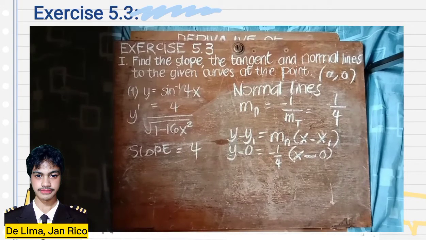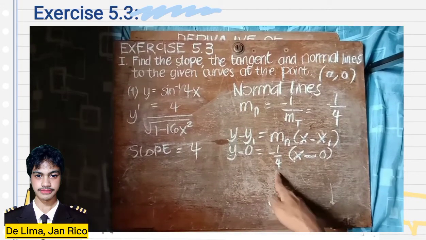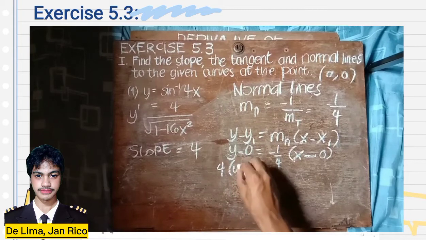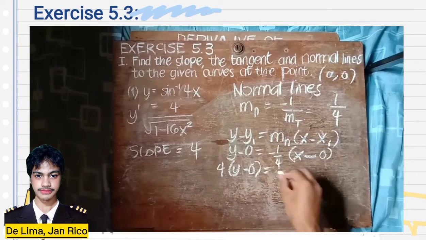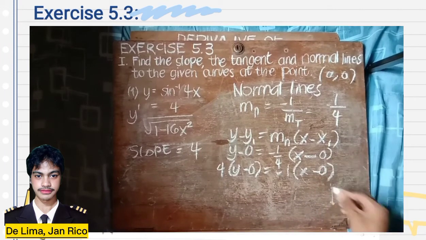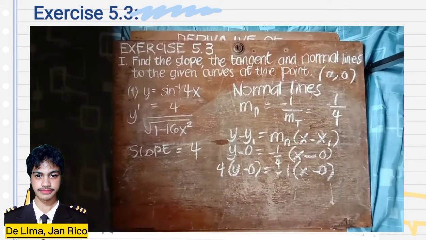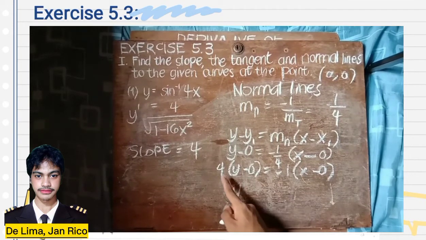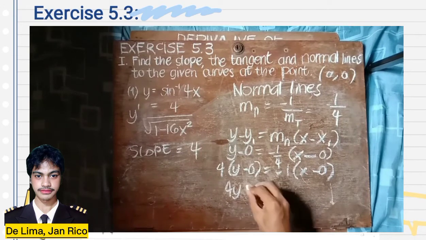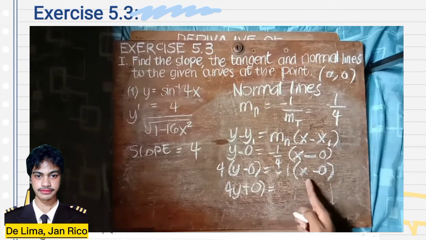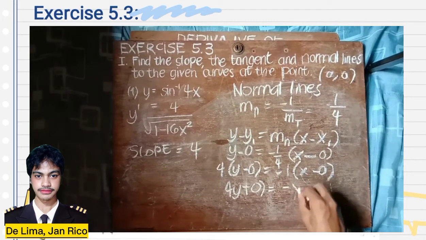Then, what we will do here is move this 4 over here, which would be equal to 4y minus 0 is equals to negative 1 x minus 0. Then, multiply, which would be equal to 4 times y is equals to 4y. And 4 times 0 equals to 0. Is equals to negative 1 times x is equals to negative x.